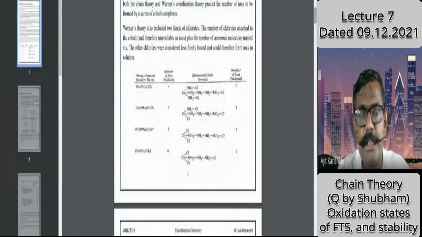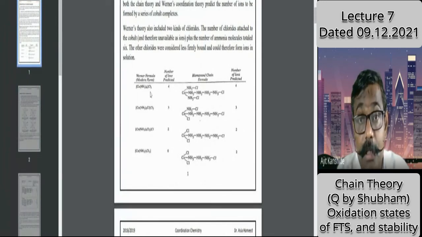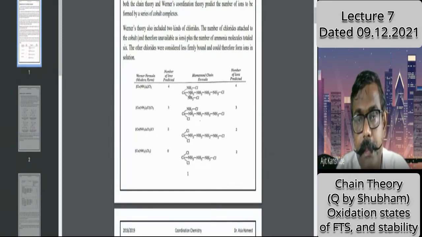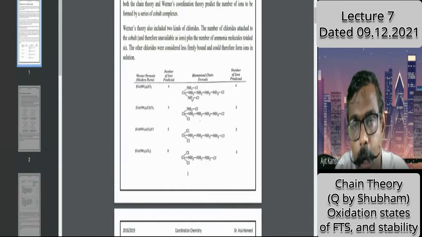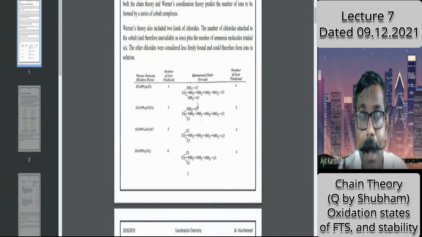See this. First, CoNH3 6Cl3. 6 ammonia are there, and 3 chlorides are there. So what people thought, this NH3 links with Cl, means NH3 Cl minus, and then Cl, or NH3Cl, means 6 whoever are ammonia are there.